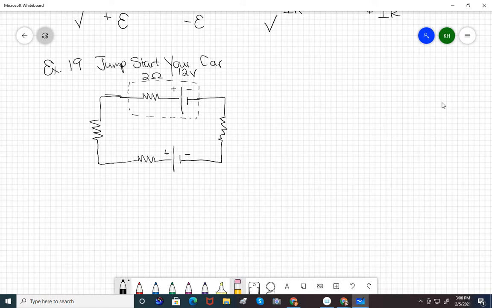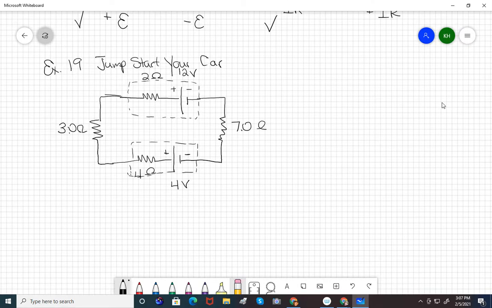This battery only has 4 volts instead of 12, and it's got 4 ohms of resistance. So this is our other battery, just so you can see what's in the battery. This resistor right here is 3 ohms. This resistor right here is 7 ohms.